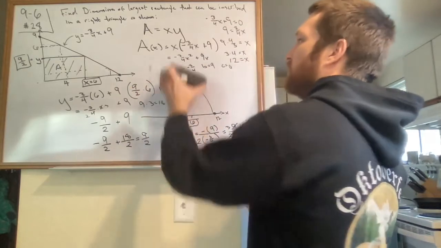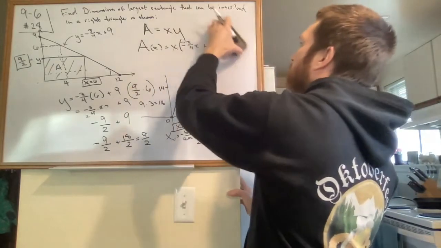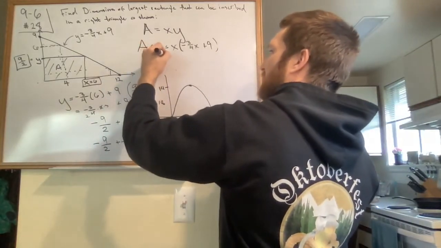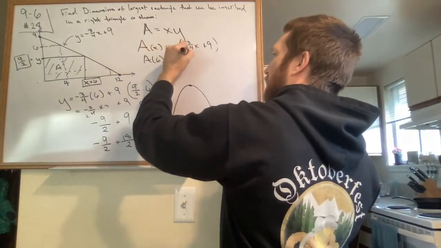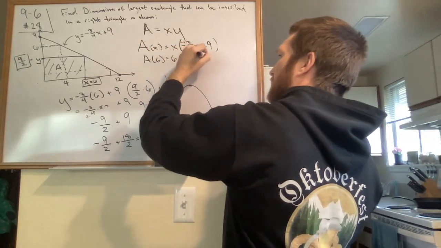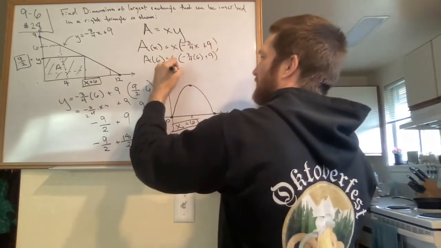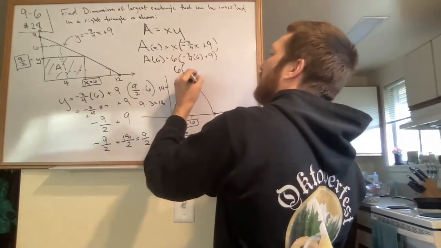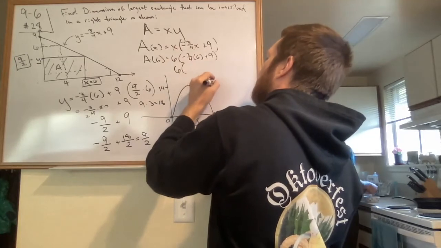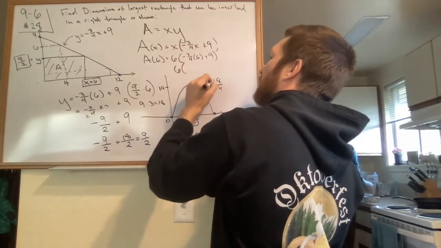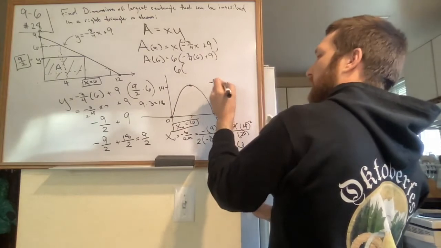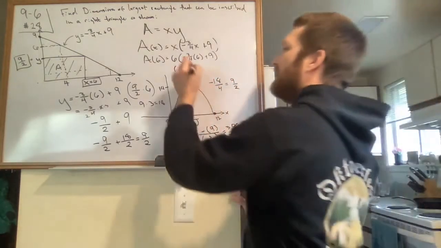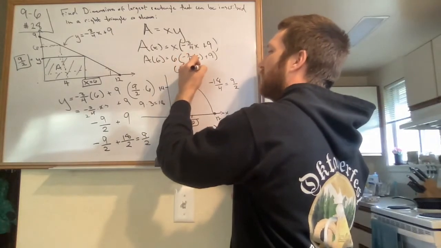So let's see what happens when I do plug in. So I plug in 6 and let's see what comes out. 6 times minus 3/4 times 6 plus 9. We get 6 times, yeah, this is looking very familiar. 3 times 6 is 18 divided by 4. That is 9 halves. Yep. Negative 9 halves plus 9.